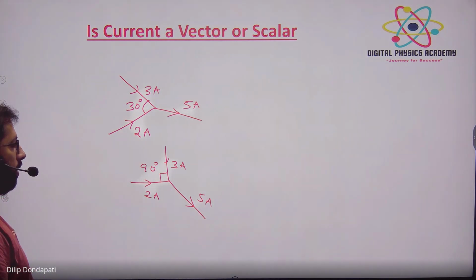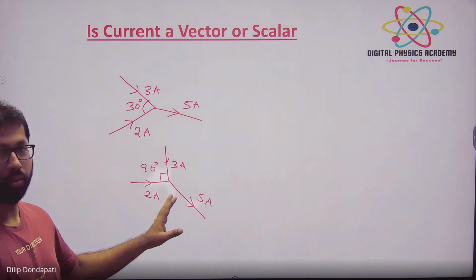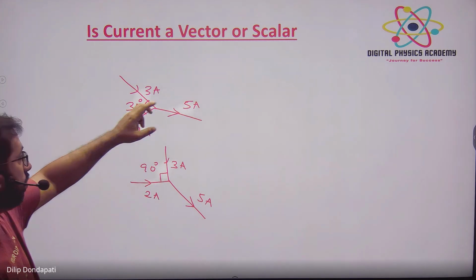That means even though it has direction, it is a scalar quantity. Current is a scalar quantity. Why?